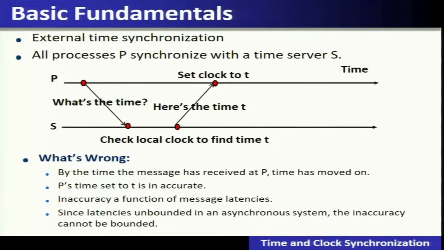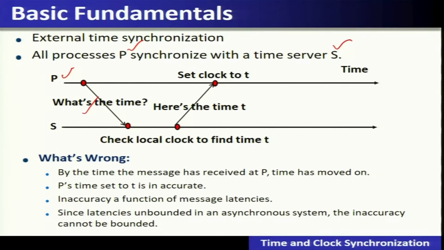Let us understand the basic fundamentals of external time synchronization. Let us say that all the processes P will synchronize their clock with a time server S, which is a universal time. How that is done, we are going to understand using this diagram. A process P wants to synchronize its clock with the time server S. It will ask the server S through a message what is the time at your clock.